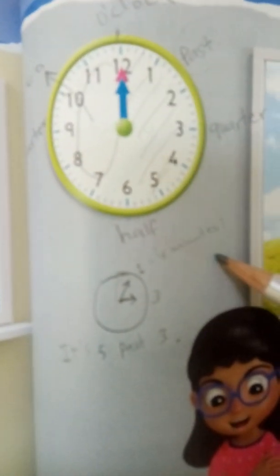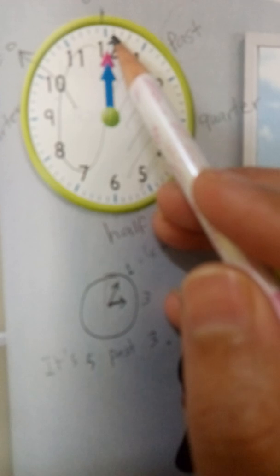Why did I say that 1 equals 5? Why did I say 5? If we counted here those small lines between each hour, it will be 1, 2, 3, 4, 5. So this one, when it is here, and I am speaking about minutes, it equals 5 minutes. So between each one of these is 5.